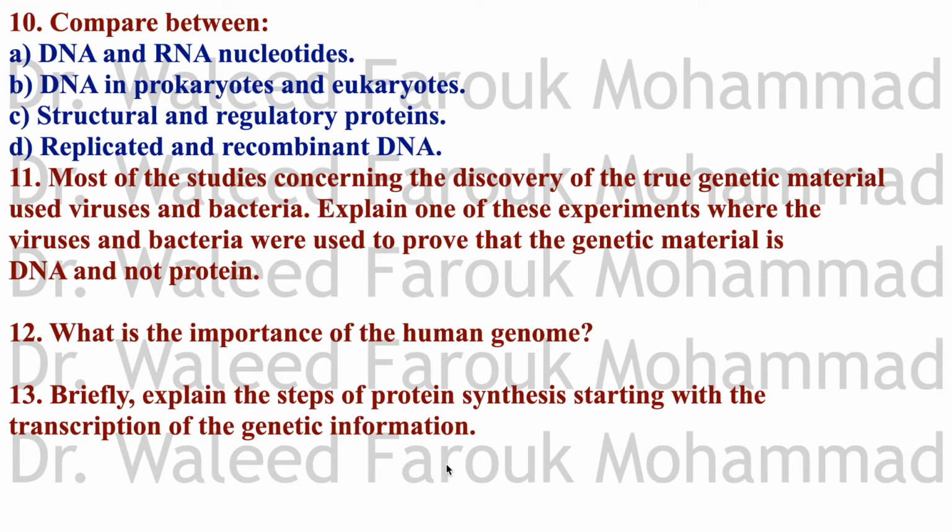When the A site reaches a stop codon, a releasing factor binds to the stop codon and causes the mRNA to leave the ribosome, and the ribosomal subunits separate, where the polypeptide is terminated.